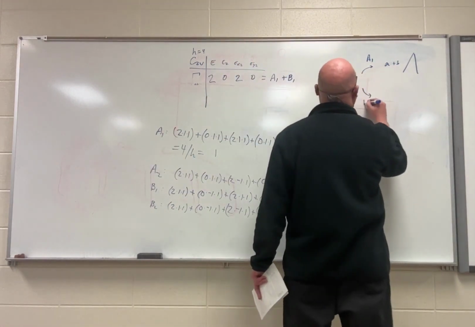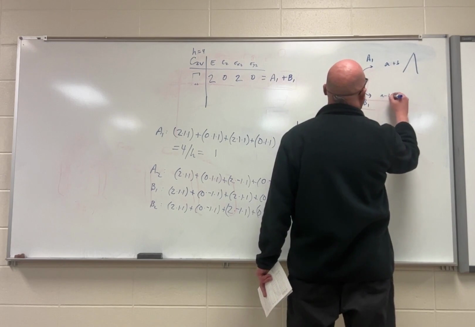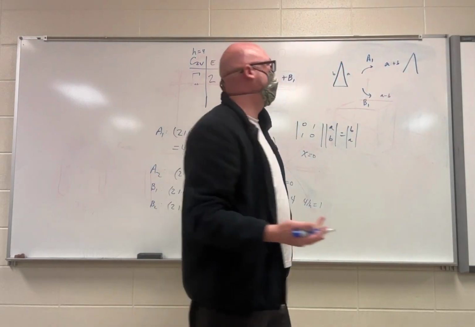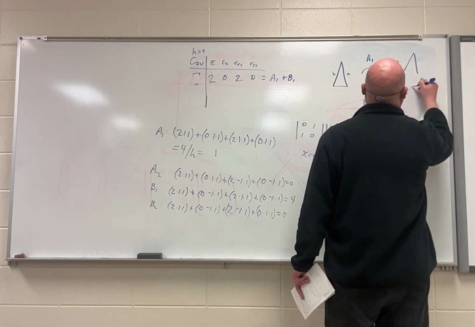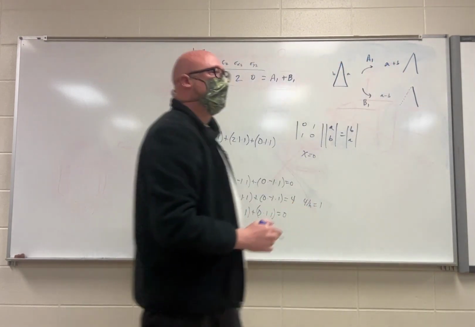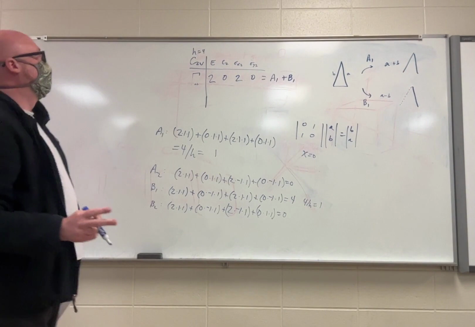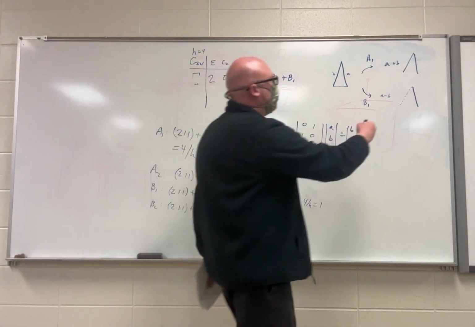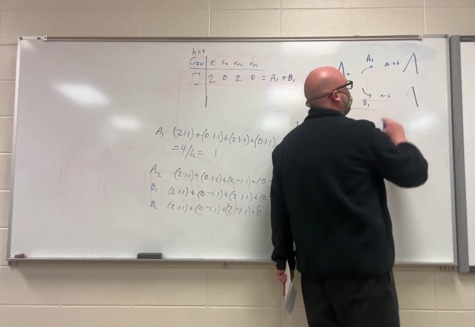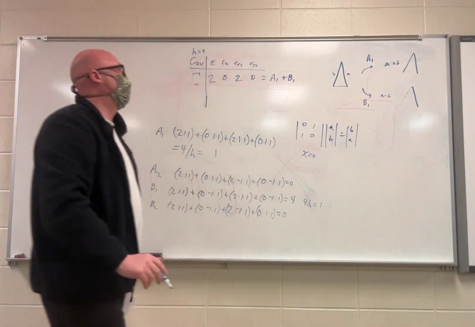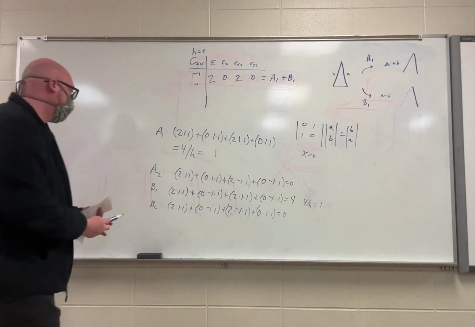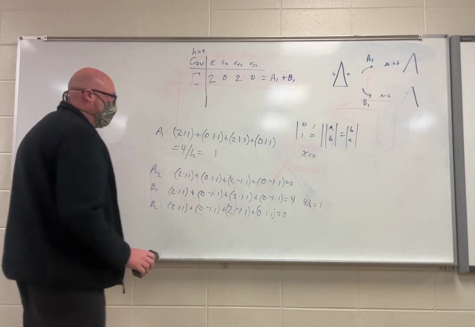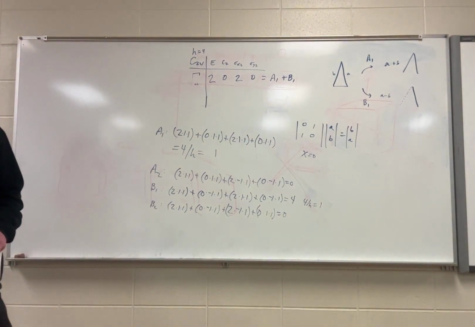And then the B1 representation would be like A minus B, where the two parts are out of phase to one another. So maybe something like this. Right? So you can see with the C2 and the sigma YZ, one goes to the other, so they would be opposite to one another. All right, any questions on that?